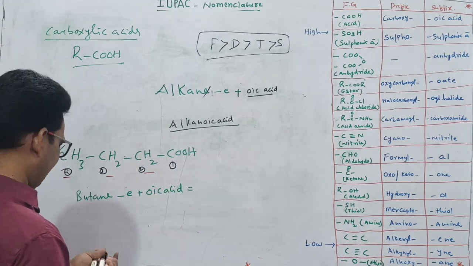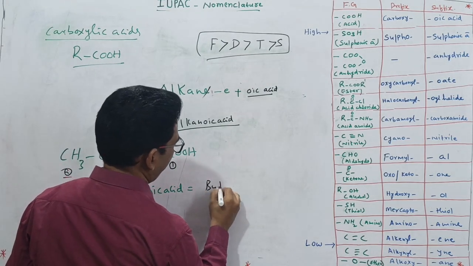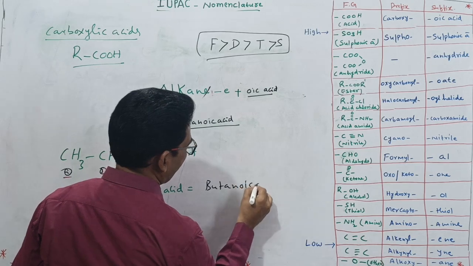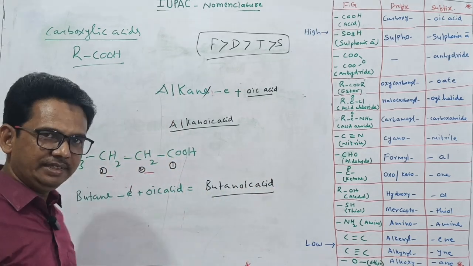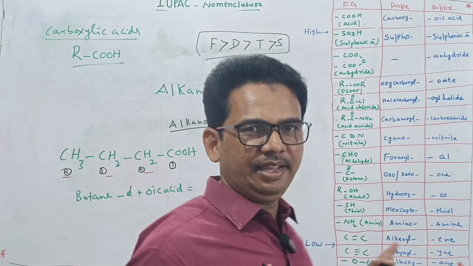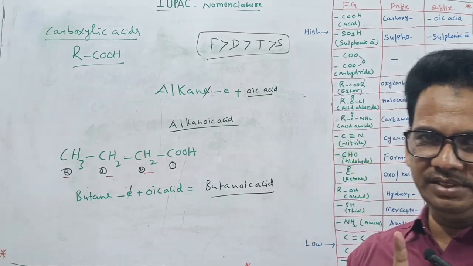Then what is the name for this one? If you remove the E, it is butanoic acid. See, writing the name for this is very simple. Numbering is also very simple because only one functional group is there.